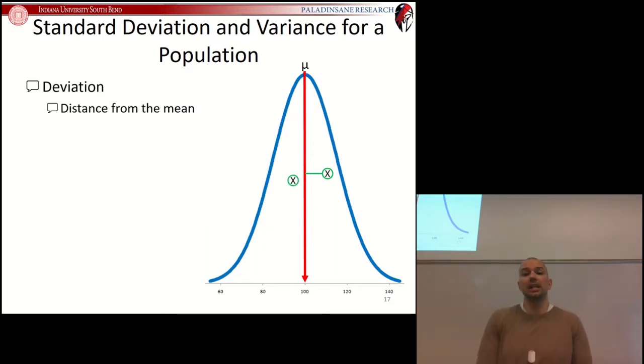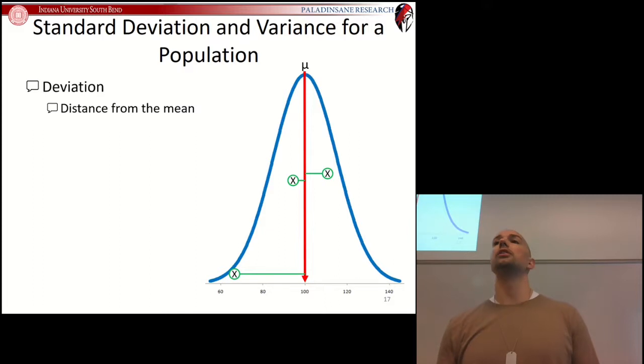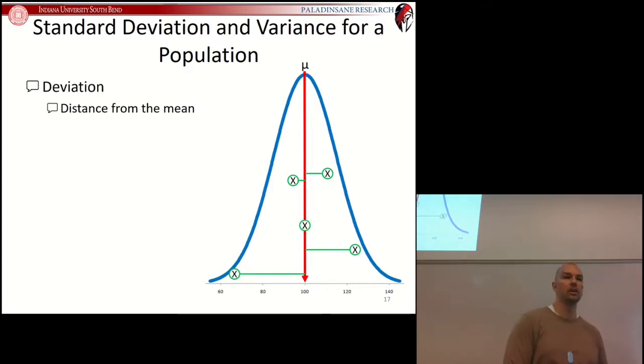This one has a slightly negative deviation, right? It's below the mean. This score down here has a large negative deviation. It's way below the mean, way far away from the mean. This one has a large positive deviation. Some scores will have 0 deviation. So if your score is the same as the mean, then there's 0 deviation.